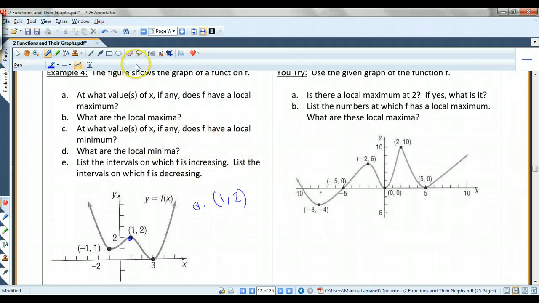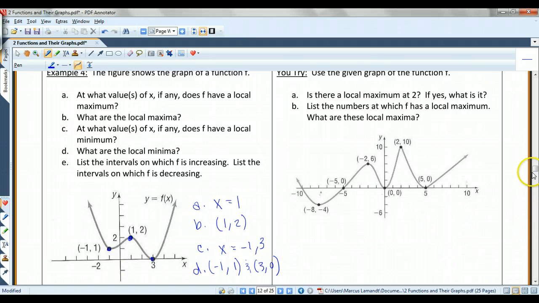I guess they wanted it like this, sorry. For what values of x is there a local maximum, it would be x equals 1. And the local maximum would be 1, 2. Local minimums would be here and here. So x equals -1 and 3. So -1 and 1 and 3, 0.